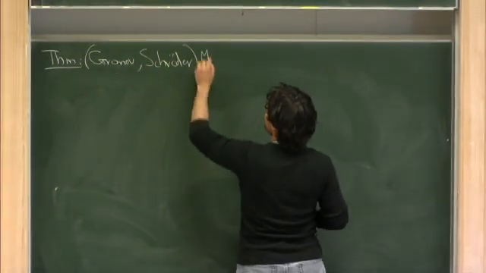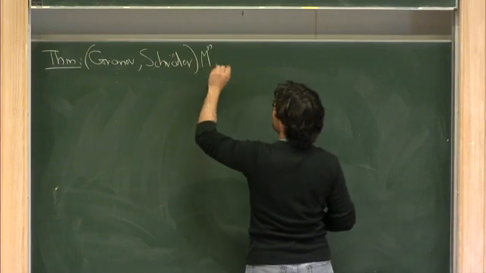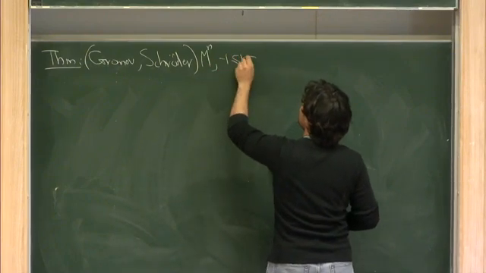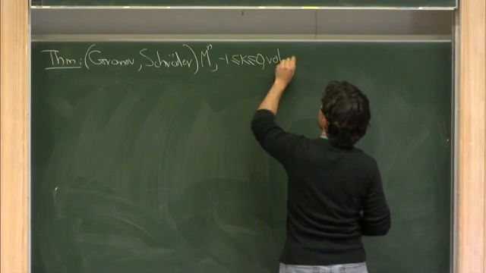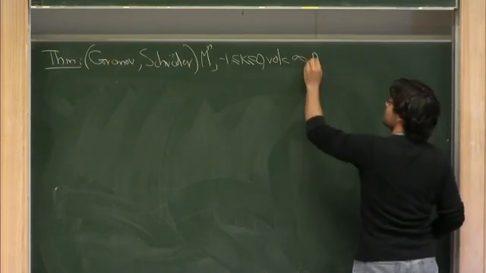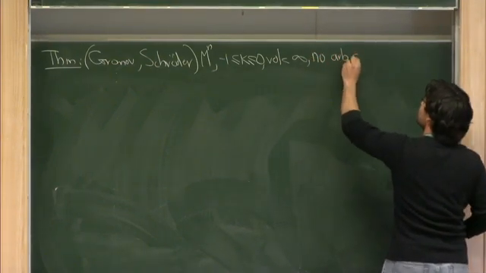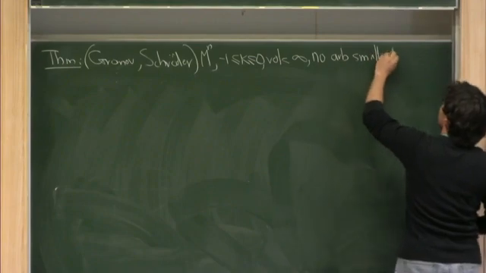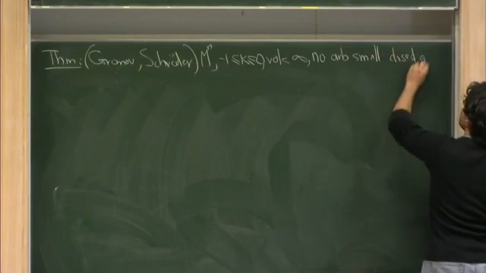Right, and it's saying that if you have an n-manifold and it has bounded non-positive curvature, finite volume, and also this condition, which I'll address later, no arbitrarily small closed geodesic loops.